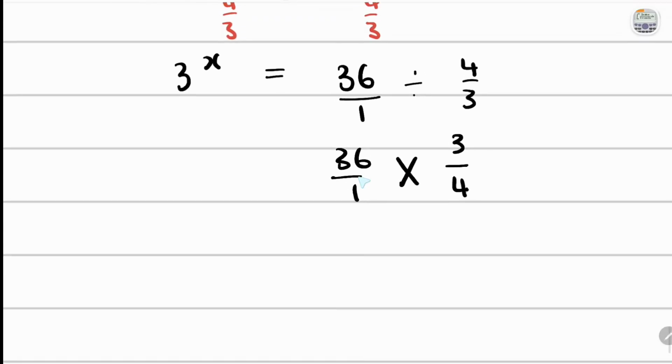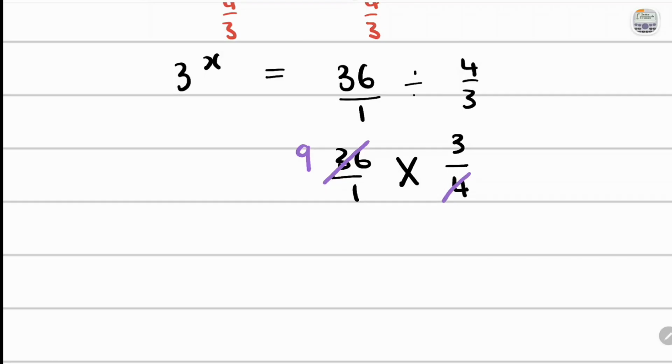Okay, so now we are multiplying 36 over 1 by 3 over 4. How do we multiply that? Well, you can start by looking for common factors across. Okay, so you see with the 3 and 1, there's no use of taking out a common factor, but with 36 and 4, we can. So 36 has a 4 as a factor. If you say 36 divided by 4, that gives you 9, because 9 times 4 gives you 36.